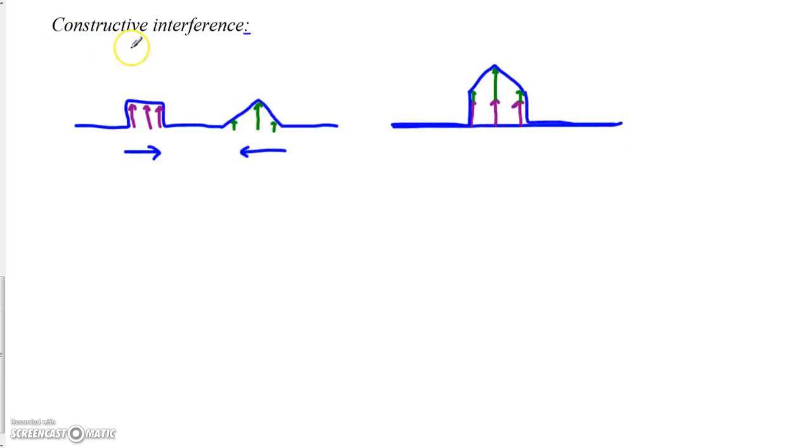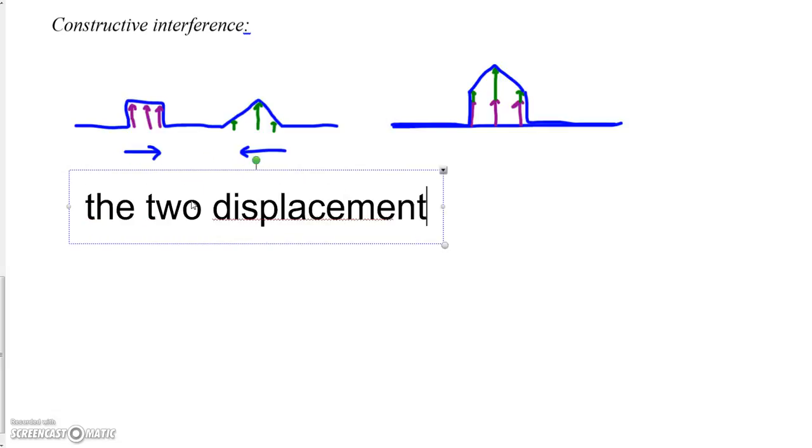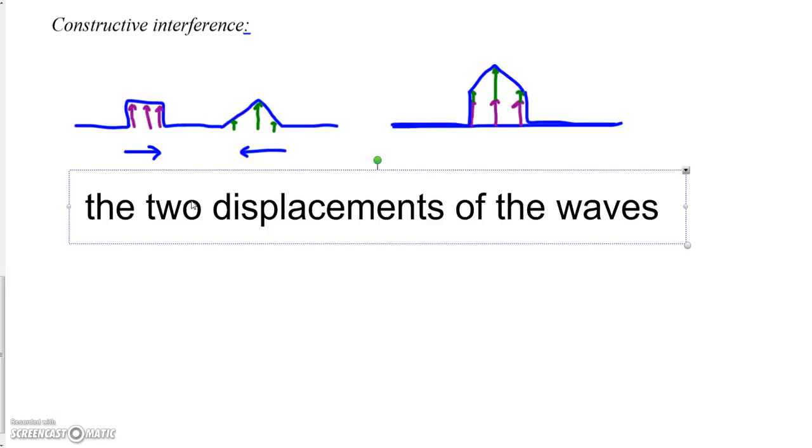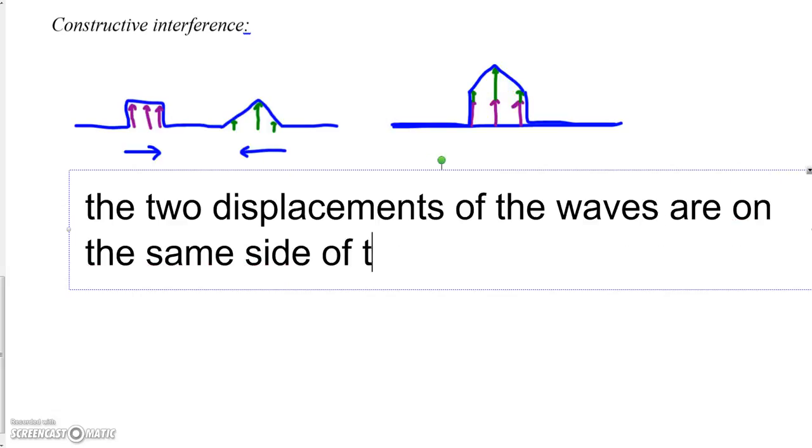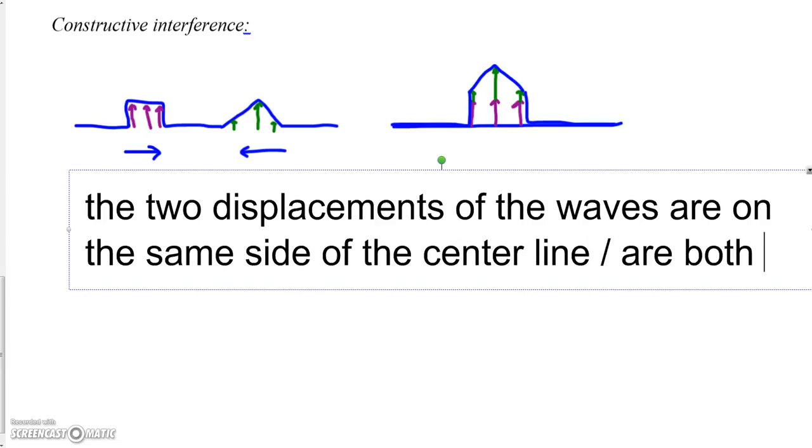Now, this is called constructive interference, and the reason is because the two displacements of the waves, these displacements in purple and these in green, are on the same side of the center line. Or you could say, are both positive.